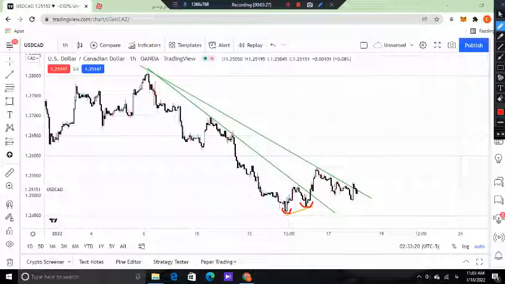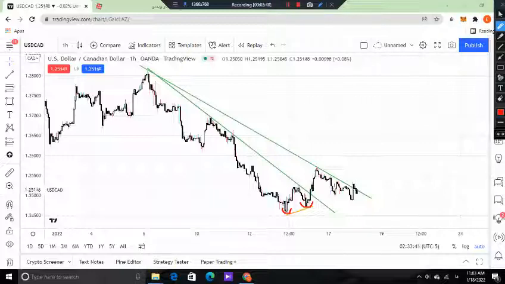You may see a breakout above this trend line, and it's not unexpected, so you can expect that.